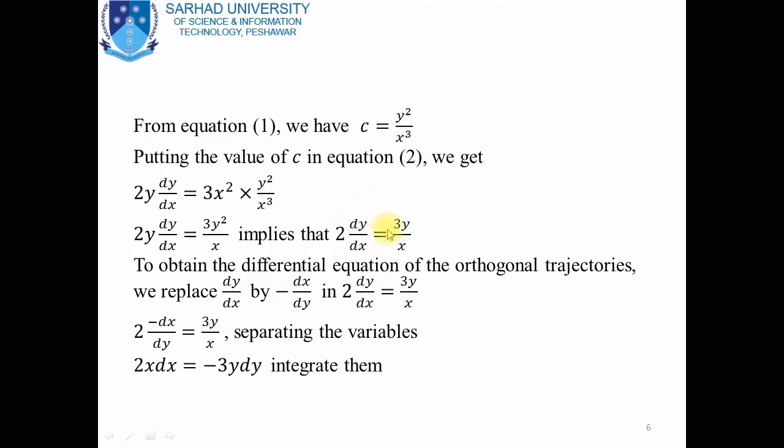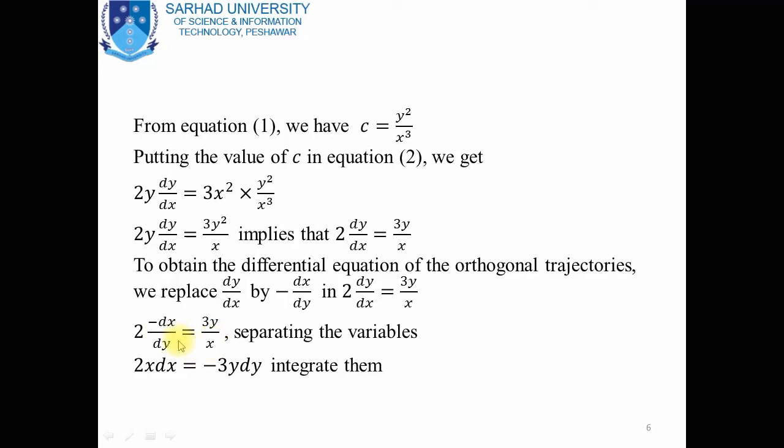First of all find the differential equation of the required orthogonal trajectory, and then we will solve that differential equation by any method. So replace dy by dx with minus dx by dy. We obtain 2 times minus dx by dy is equal to 3y divided by x.